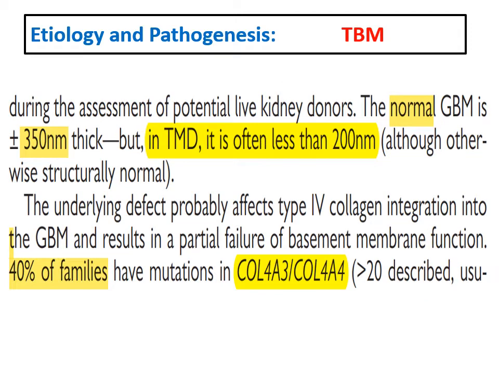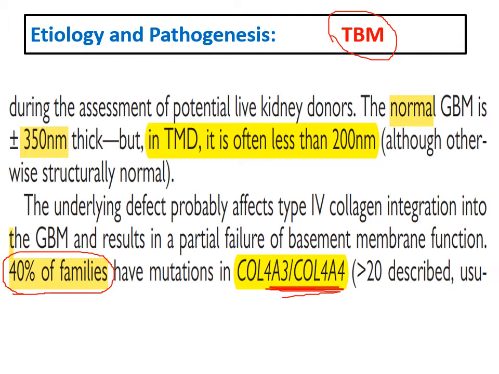What about thin basement membrane disease? As I said, it is usually autosomal dominant with a familial presentation. We have a positive family history, and in 40% of families there is a mutation in COL4A3 and COL4A4, coding for the alpha 3 and alpha 4 chains of type 4 collagen.